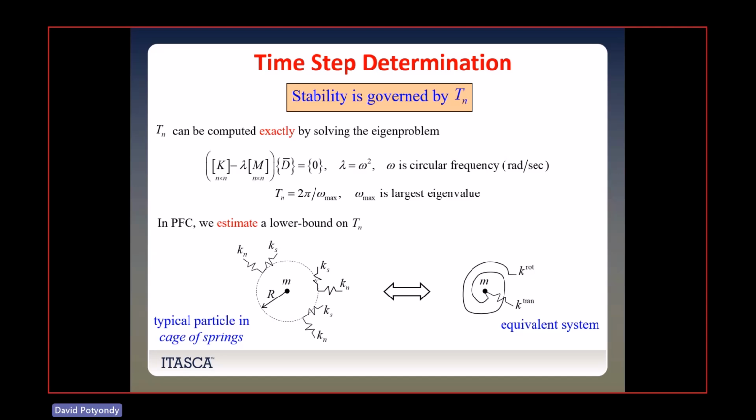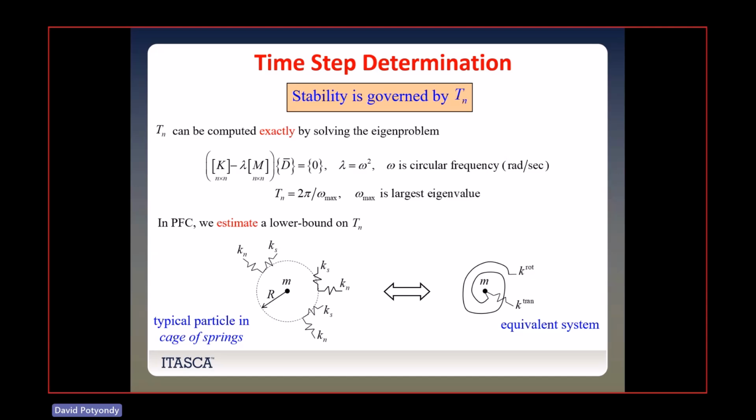So instead, we basically come up with an empirical scheme to estimate what this value of maximum frequency is, or minimum period, either one. And what we effectively do, and you can look in the manual for the details, is we work out the concept. Here's a particle, it has mass, and what we have are contacts. This particle has 3 contacts, and in the end, each contact has a normal and a shear stiffness, right? Remember, even the Hertzian thing for a given instant of time has a value of Kn and Ks.